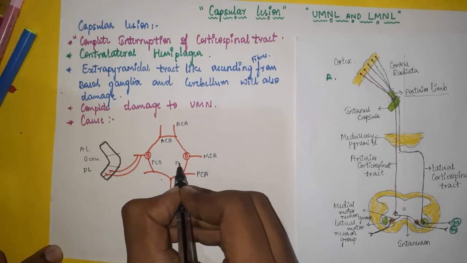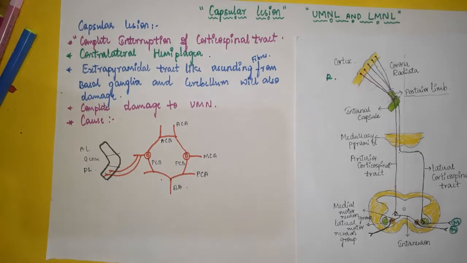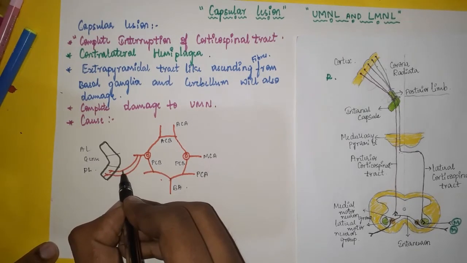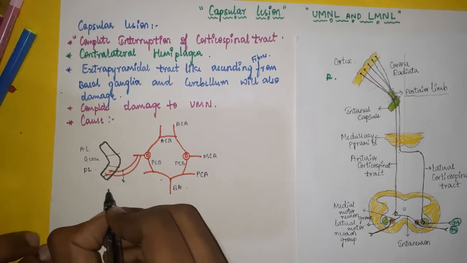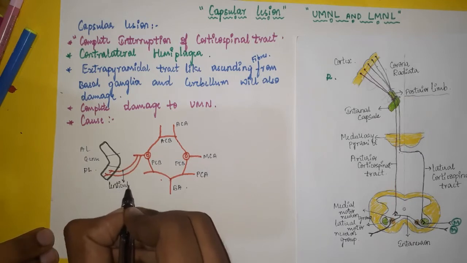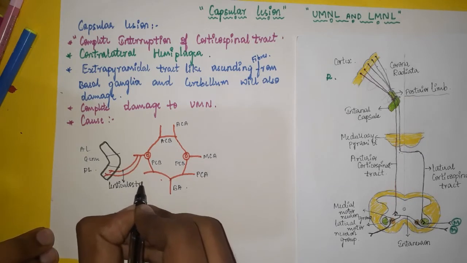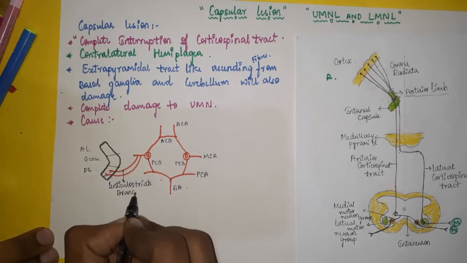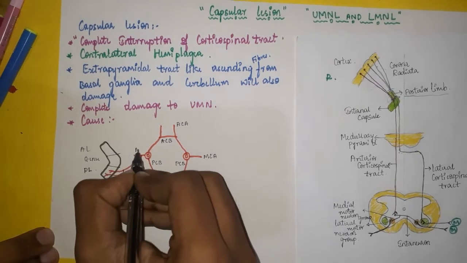Of course this side also posterior communicating branch. Now these are lenticulostriate branches. This is middle cerebral artery.